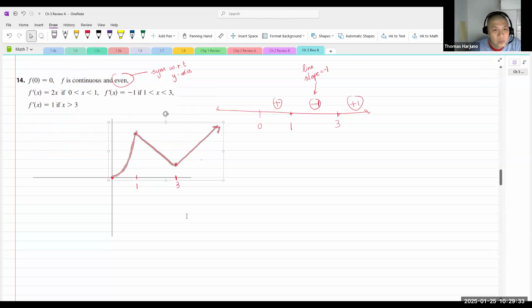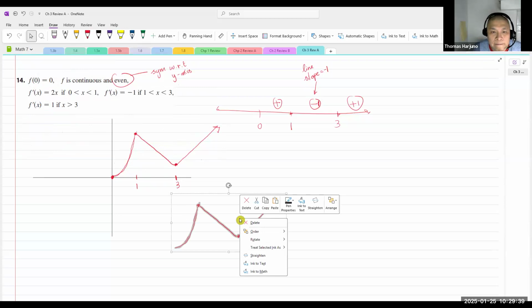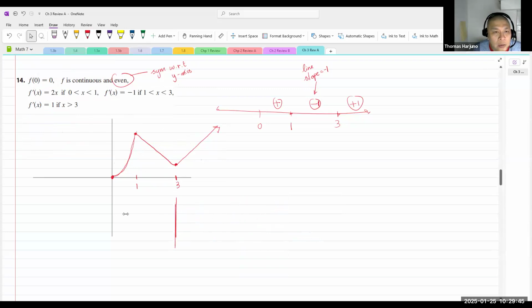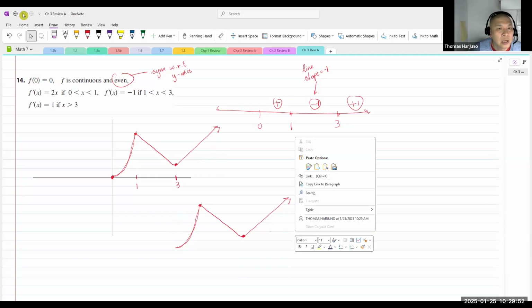Copy and then paste it, and then I wonder if I can reflect this though. There's no way, huh? You know what? Let me try. No, I cannot. I tried to reflect it, but I cannot. Well, then I just do it manually.